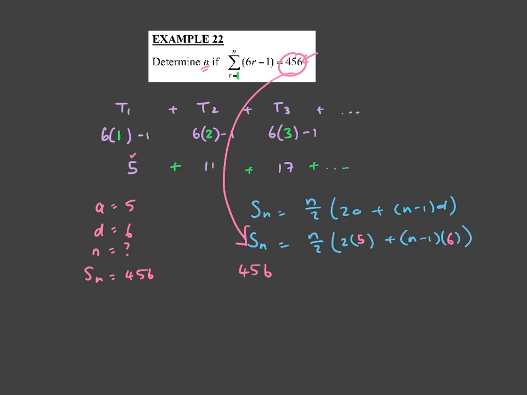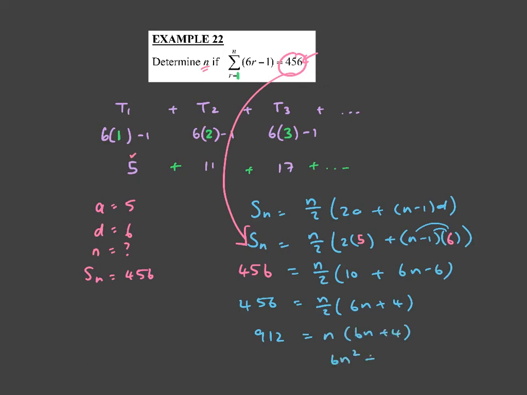456. So in other words, 456 equals n over 2 times (10 plus, and expand, 6n minus 6), so 456 is equal to n over 2 times (6n plus 4). And then we times by 2 on both sides, so that is equal to 912 equals n times (6n plus 4), so 6n squared plus 4n minus 912 is equal to 0.